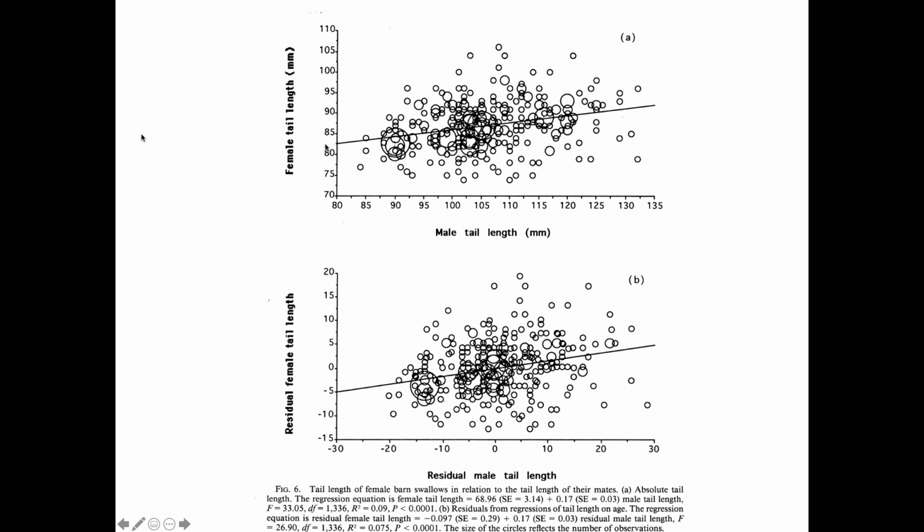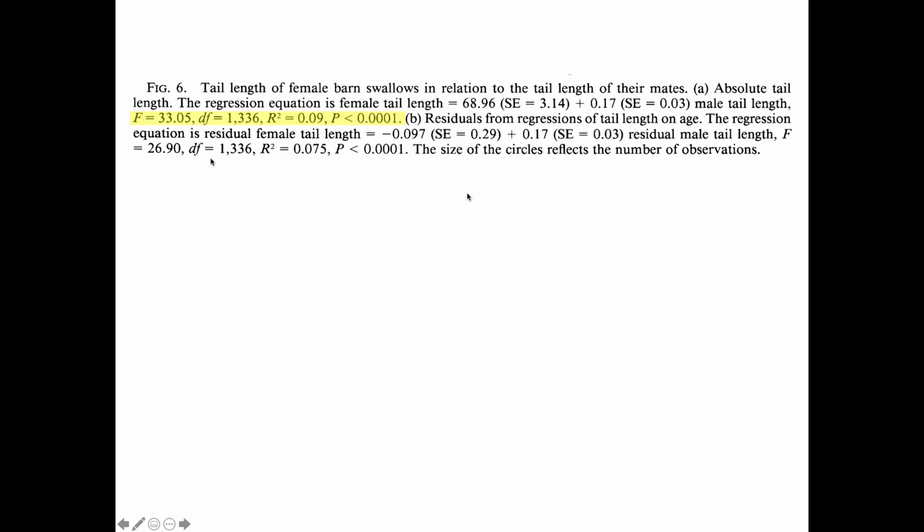And it would be nice if a significant regression was actually also very predictive. But it isn't, and what tells us that it's not very predictive is the low r-square value. For the other plot, the r-square value is even lower, 0.075.